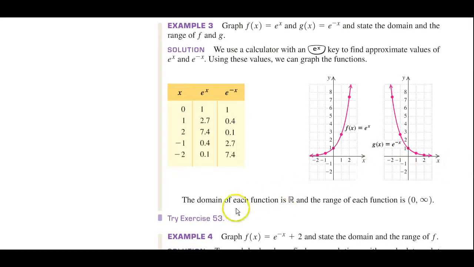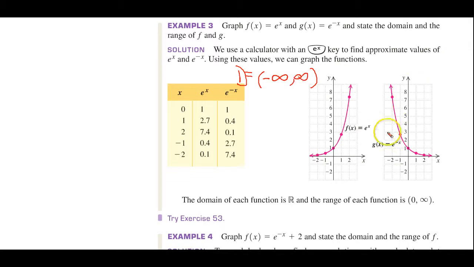Now, what is the domain then of each of these functions? An interesting thing, domain are our x values. So the domain of both of these is coming from negative infinity and going over eventually to positive infinity.